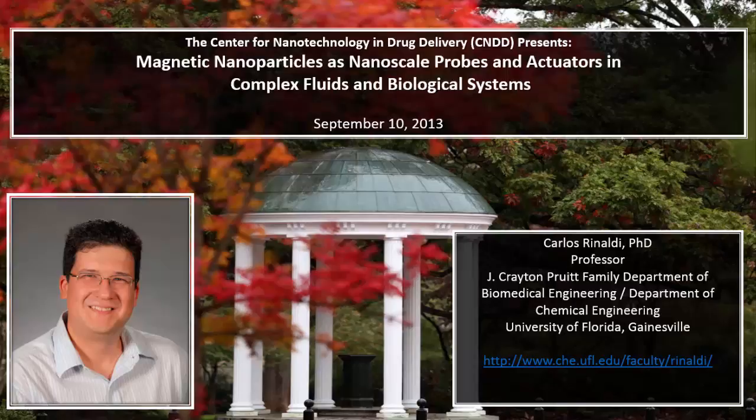So if your Brownian relaxation time is faster than your Néel relaxation time, you're going to respond to the field by the Brownian mechanism, and vice versa. So depending on the size of the particles and the size distribution, you could have particles that dissipate heat by either physical rotation or internal dissipation of heat. Okay, and that's an important point that I wanted to make.